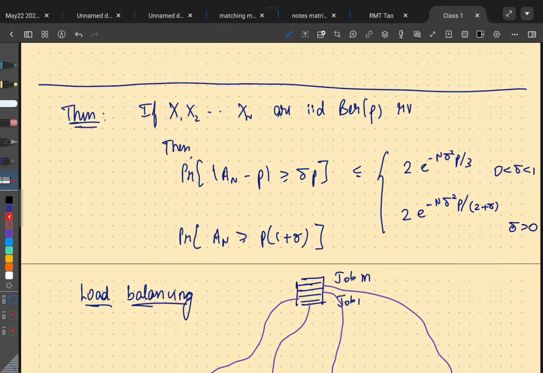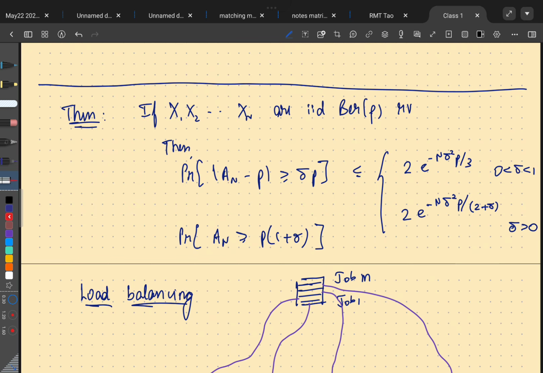So we'll use the notation A_n is equal to 1 by n times summation Xi. So the probability that this deviates from the mean p by an amount delta times p. Remember that this additional tolerance is delta times p, can be upper bounded by some constant times e to the power of minus n times delta square p by 3.